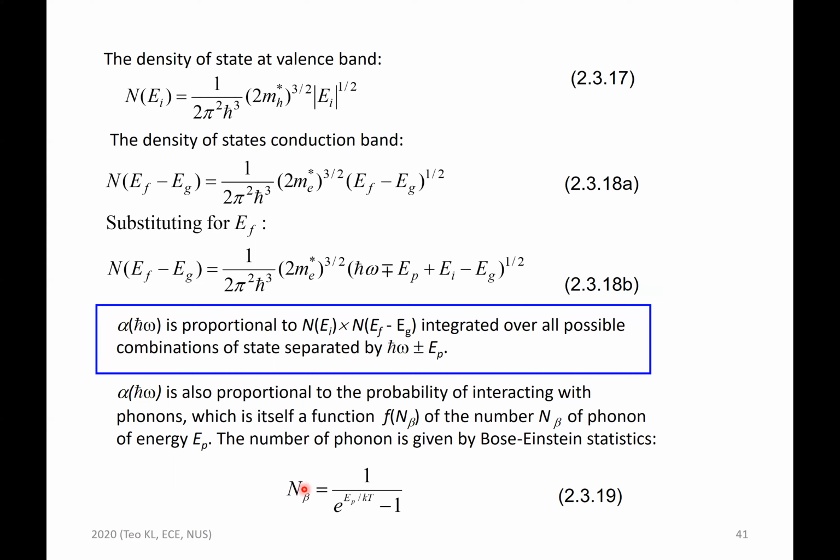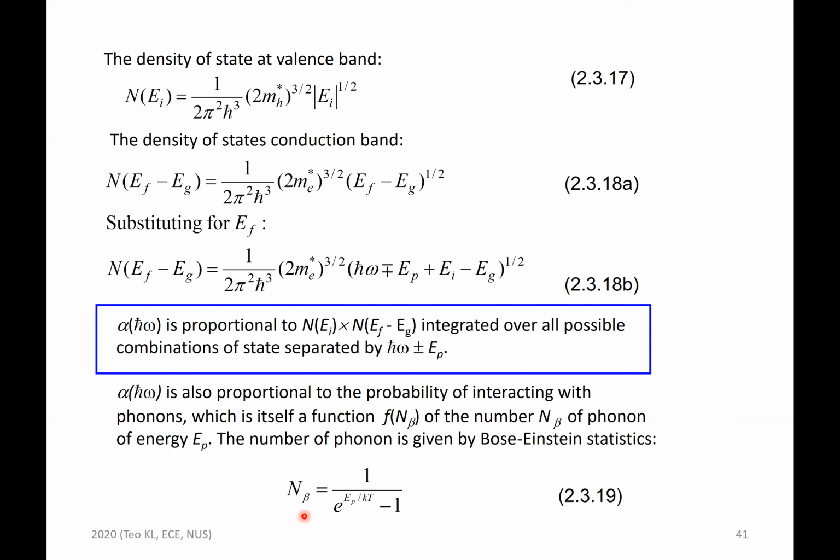The number of phonons is given by Bose-Einstein statistics. For electrons, you use the Fermi-Dirac distribution; for phonons, you have to use the Bose-Einstein distribution.